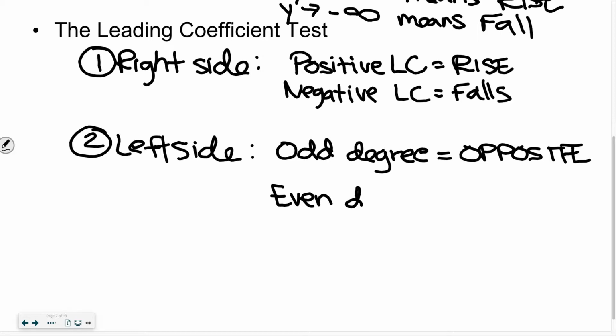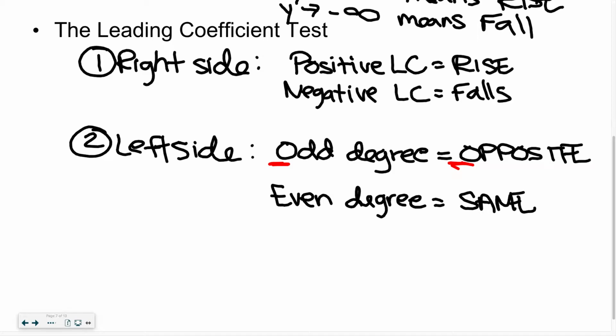If it's an even degree, the left side is the same. I like to underline O and O there. That's how I'm going to remember. I say odd is opposite, even, everything's the same.